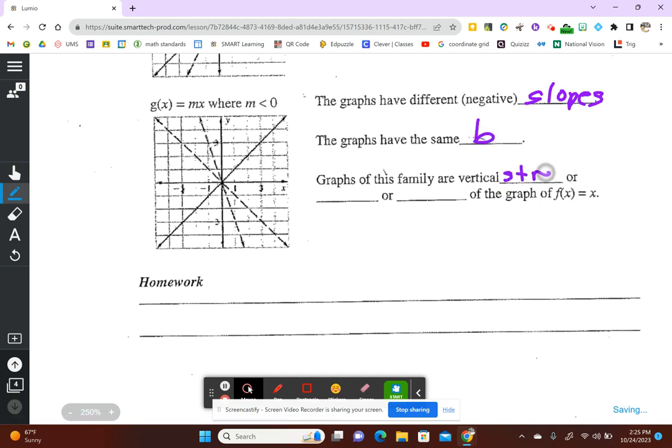This is a vertical stretch. This one is a stretch. And with reflection. And this is just a reflection. This is not stretching or shrinking. It's just reflecting.